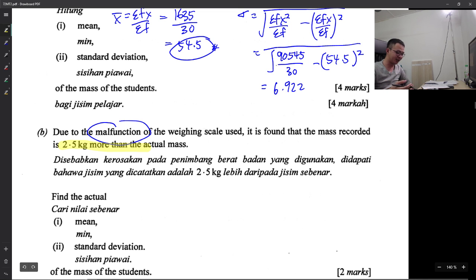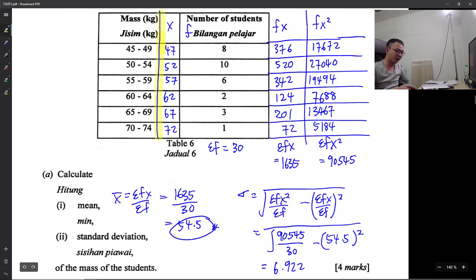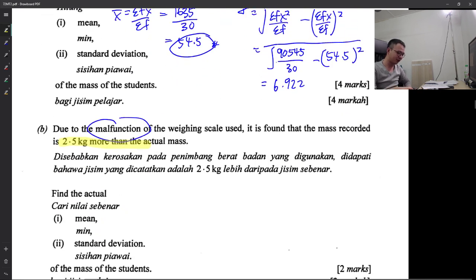So basically I need to minus 2.5 for each of them. You can imagine if all the student weights minus 2.5, it is the same as the total mean minus 2.5. It makes sense, right? So the new mean, they ask you to find, I will just take the old mean, 54.5 minus 2.5. So I get 52 kg.